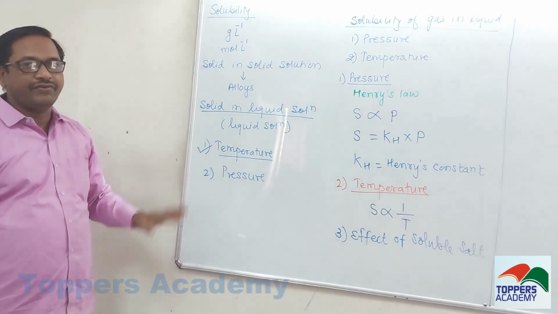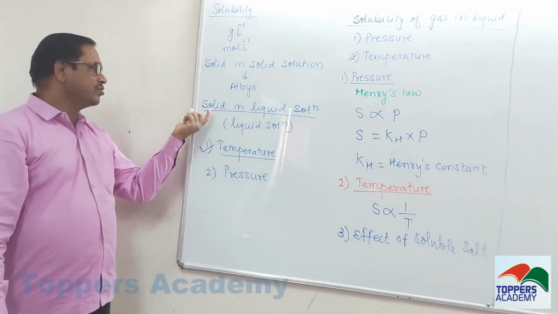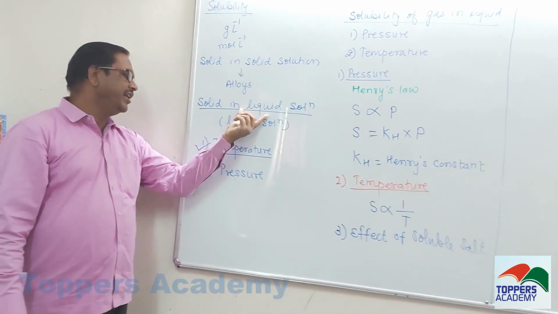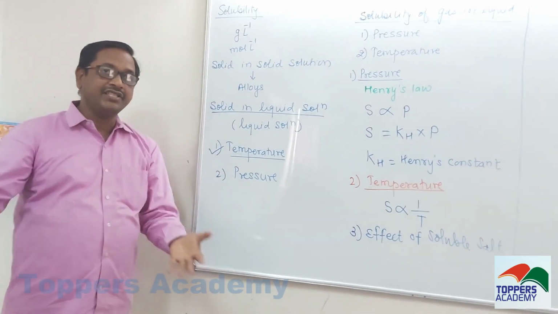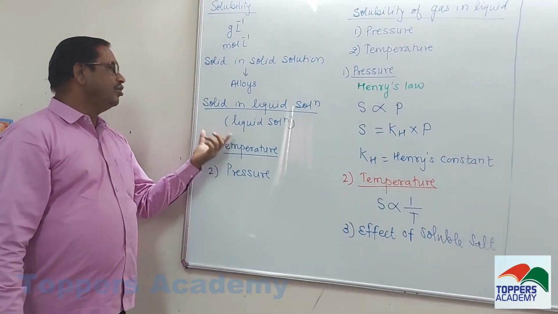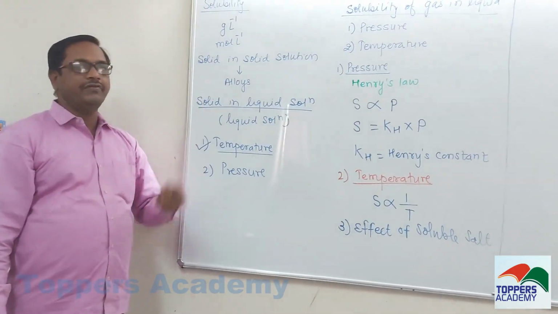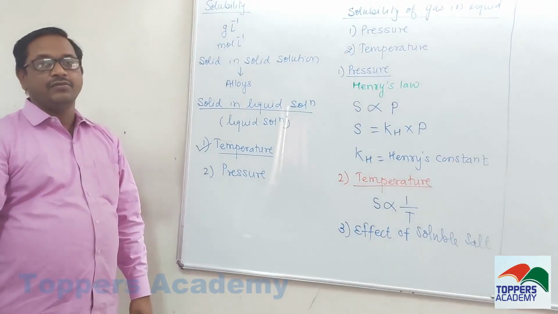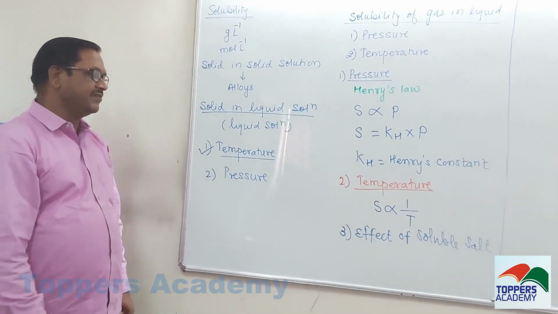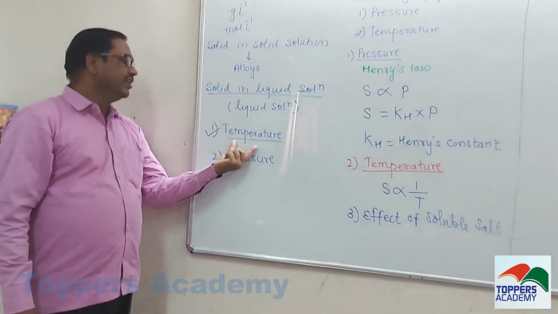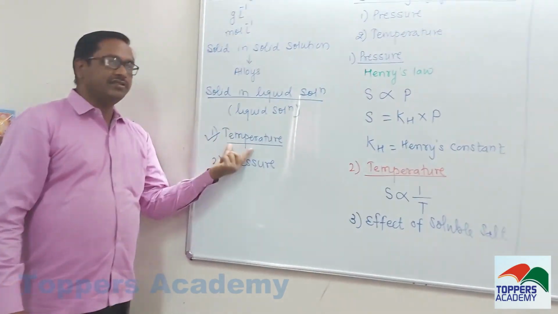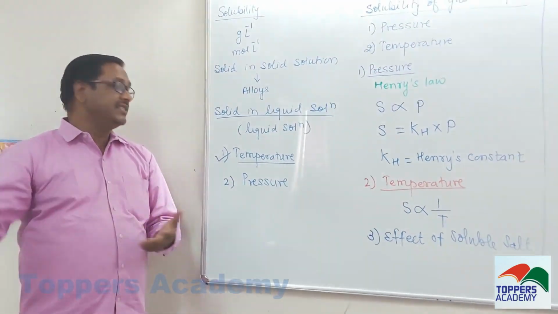It is not affected by any factor, but solubility of solid in liquid is mainly affected by the temperature. As the temperature increases, solubility of solid in liquid also increases. But for certain substances, when they get decomposed at the higher temperature, then their solubility decreases with increase in temperature.